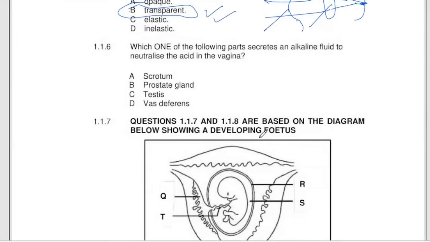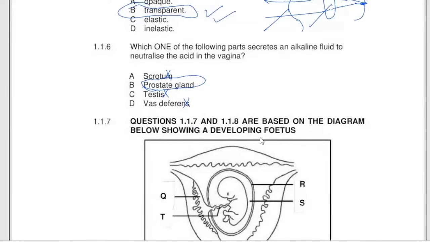Alkaline fluid is supposed to be produced by the prostate gland.